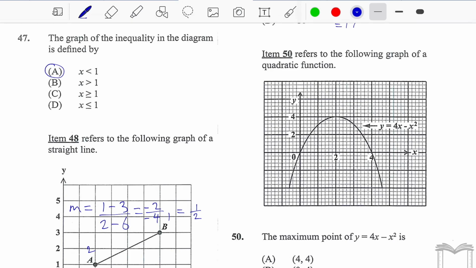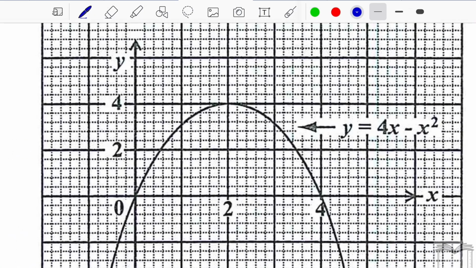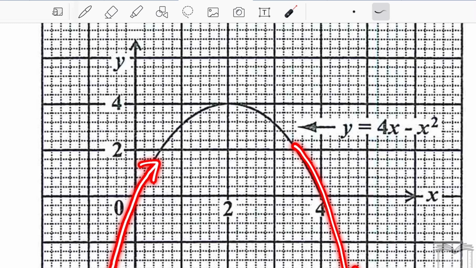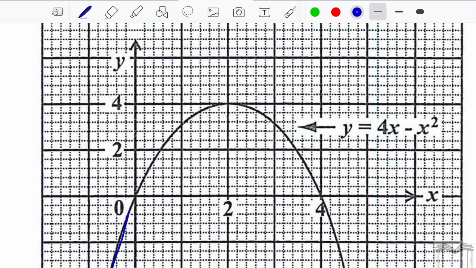Item 50 refers to the following graph of a quadratic function. The maximum point of y is equal to 4x minus x squared is, so of course that equation is the equation of the curve. The maximum point is the turning point. So we are seeing that the graph is going upwards, and later on the graph is going downwards. So that point in which it is turning or transitioning from going upwards to downwards, we call this the maximum point.